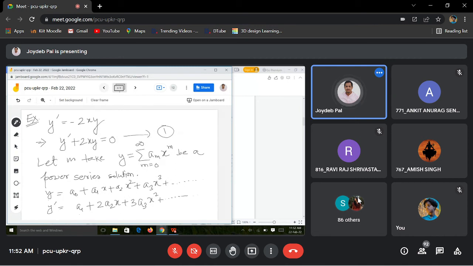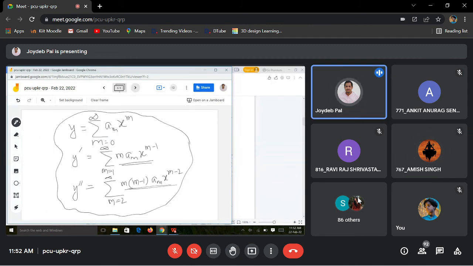In the previous slide I showed y dash: first term a1, then 2 a2 x. If you differentiate y dash, what will the first term be? 2 a2, related to a2. That is why the series starts from 2. Clear? Yes, sir.